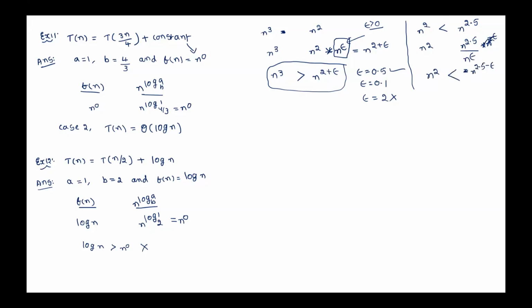Epsilon we can take greater than 0 to 1. If you want, you can take 0.1. N square less than n power 2.5 minus 0.1, that is n power 2.4.